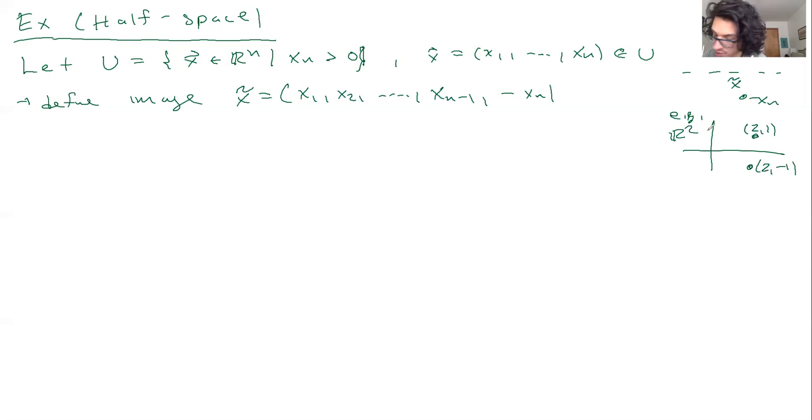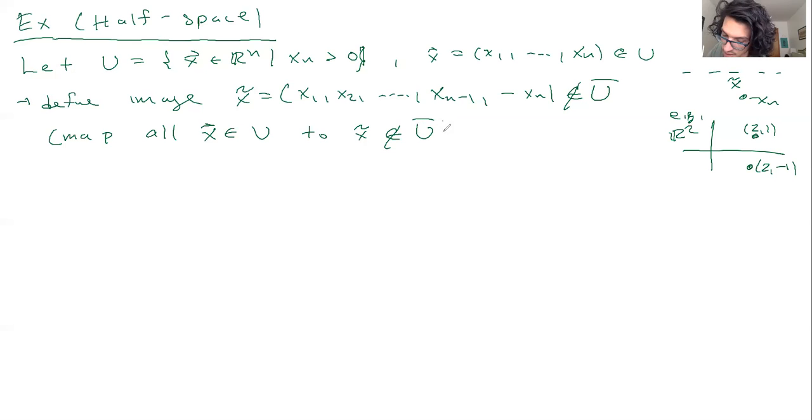And fortunately, they do not live at all in the closure of U. So essentially, we're going to map all x that live in U to x tilde that don't live in even the closure of U, okay? Does this work? Could I have picked some other values?